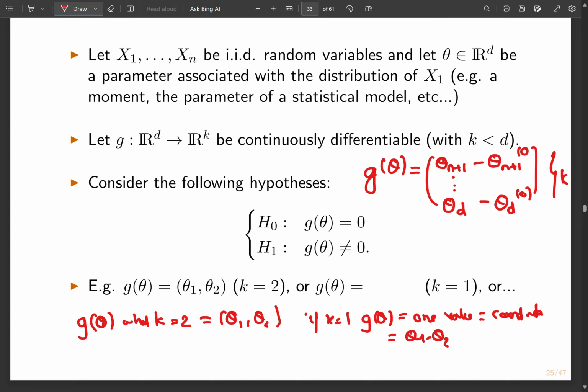So we can see that this function g of theta has many purposes beyond just asking whether theta is equal to theta naught. This can be used in many ways and many fashions to answer the questions we like.